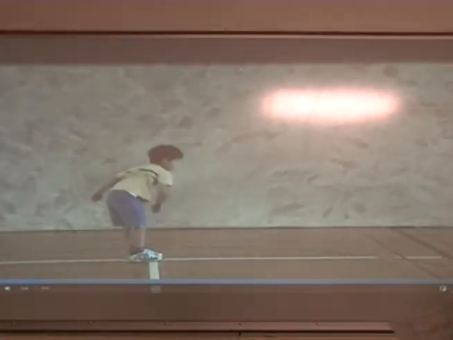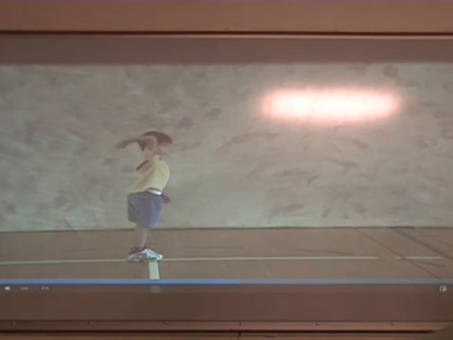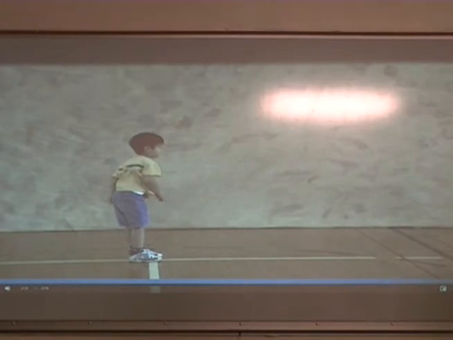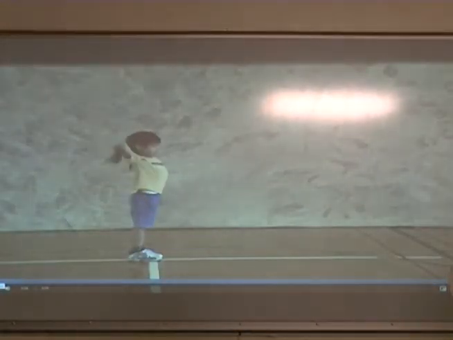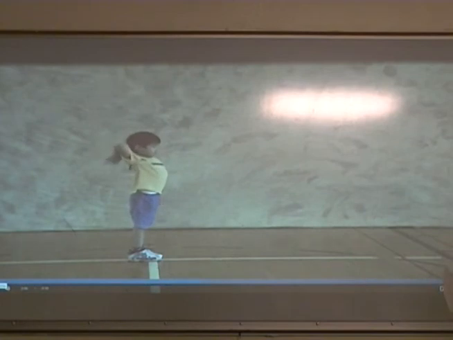This is tricky. Okay, any guesses? I would say 1.